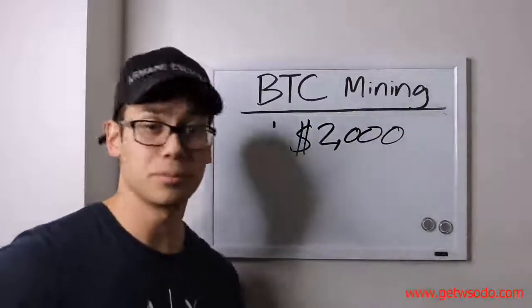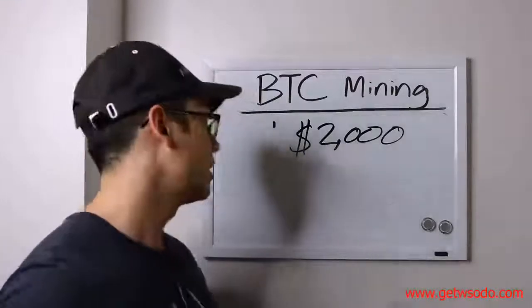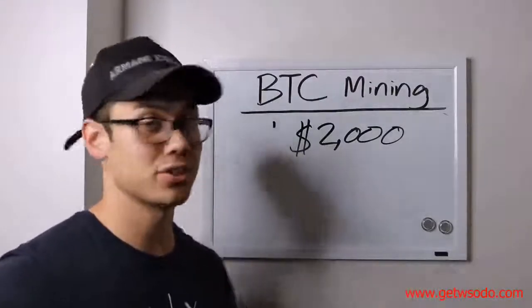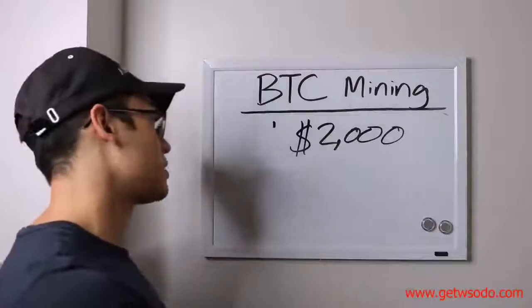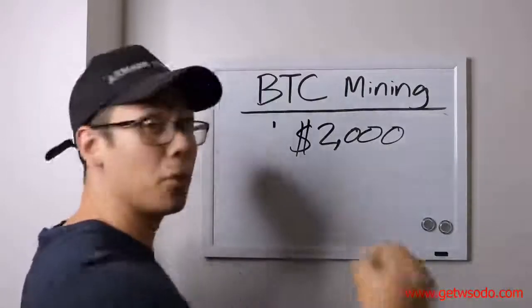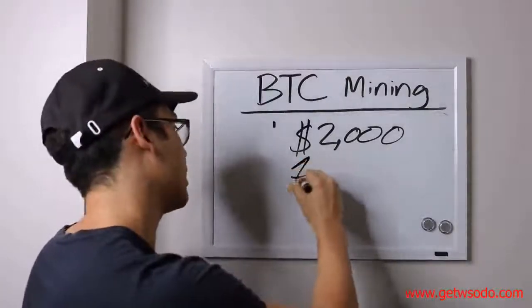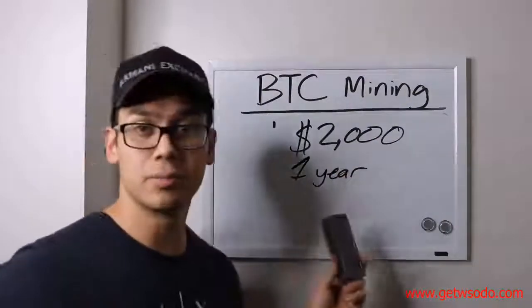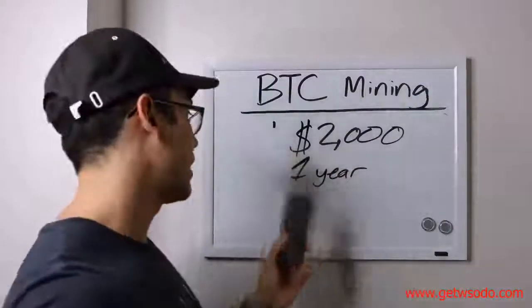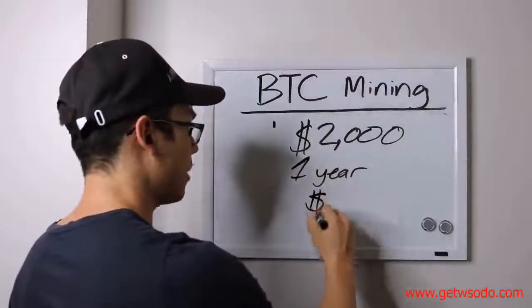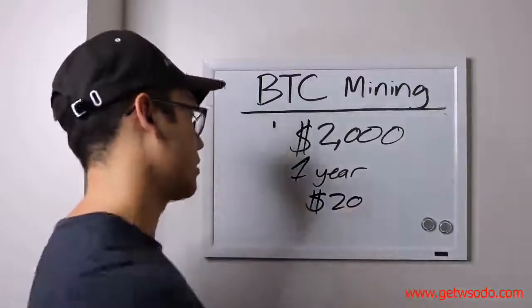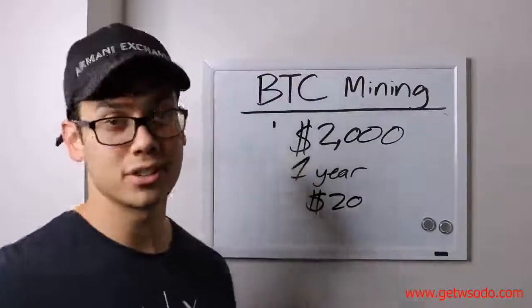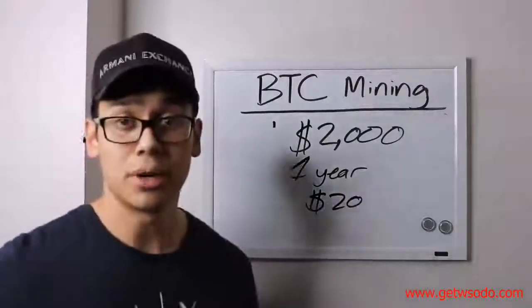I rented some computer space at Hashflare. This was not an open-ended contract. This was a one-year contract. So I'm paying $2,000 to rent their computers for a year, and I'm profiting about $20 a day. That's like a 1% return every single day for mining, which is pretty good.